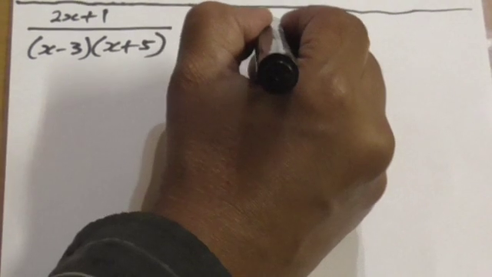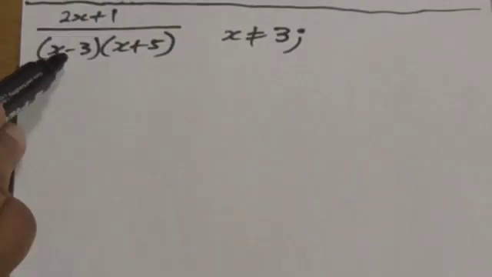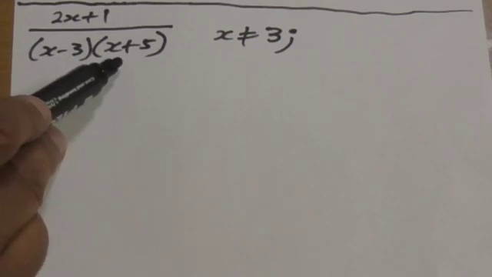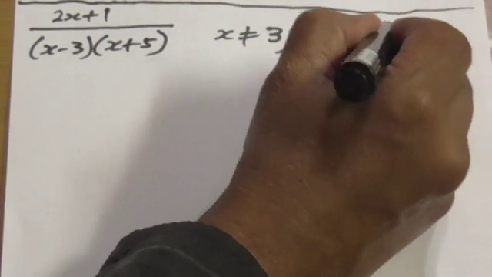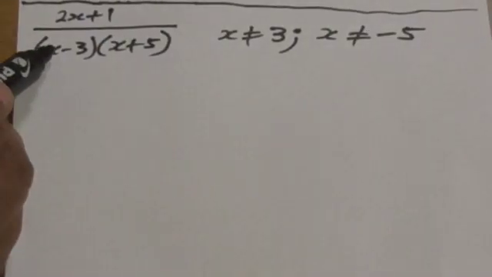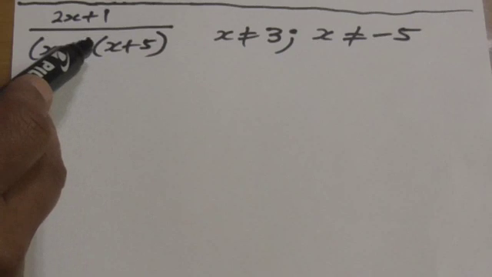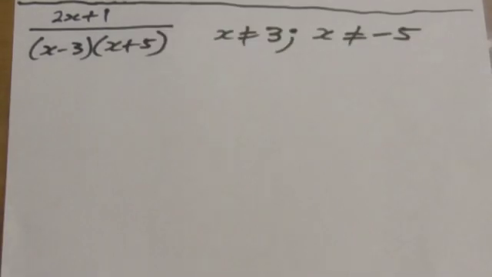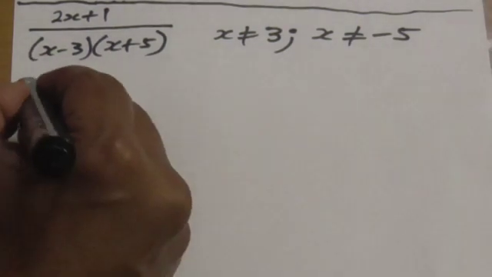X cannot equal 3 when you look here. X cannot equal 3. And here, x cannot equal negative 5. X cannot equal negative 5. If you put 3 here, this whole thing will become 0. If you put negative 5 here, this whole thing will become 0. So there's your restrictions.